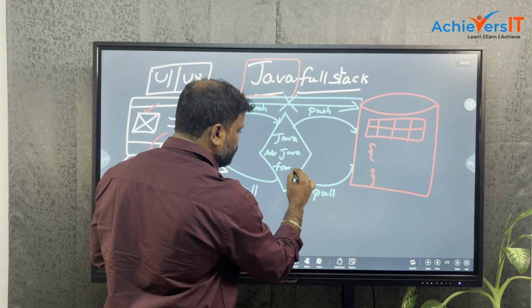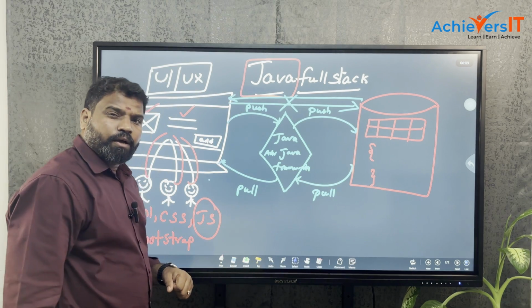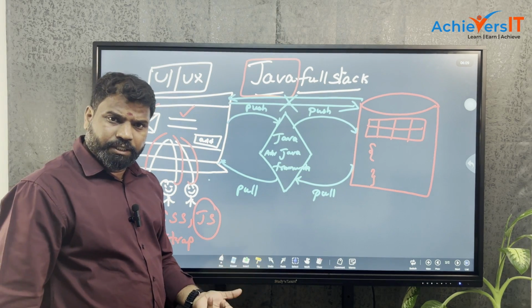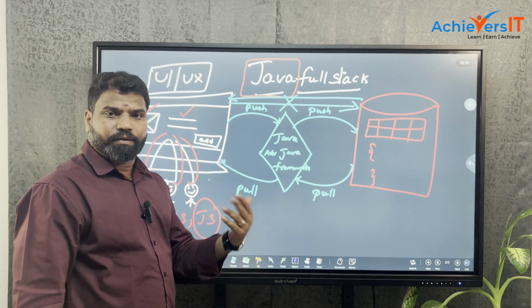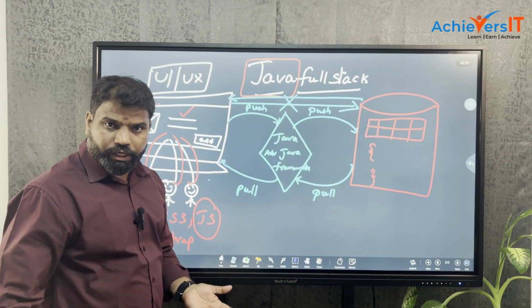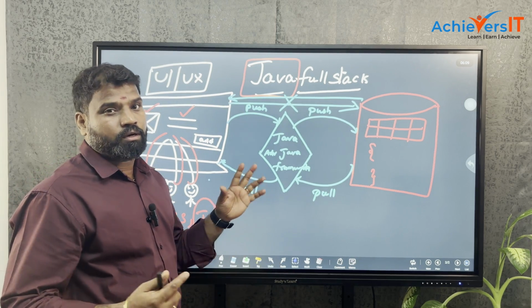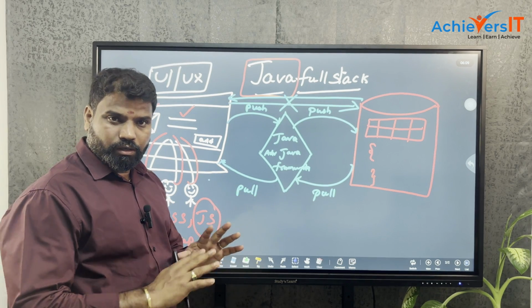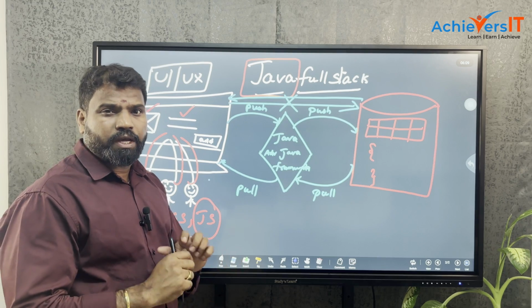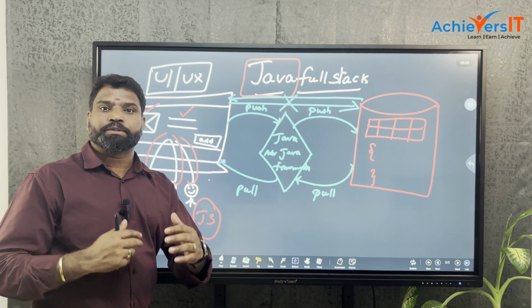Guys, when it comes to the frameworks of Java, there are too many frameworks: JSP, JDBC, Spring, Spring Boot, Spring Core, Spring MVC, Spring Security, microservices, and many more. You have to understand all this, and don't think that this is all difficult. No, it is very easy for you to understand if you follow us step by step.